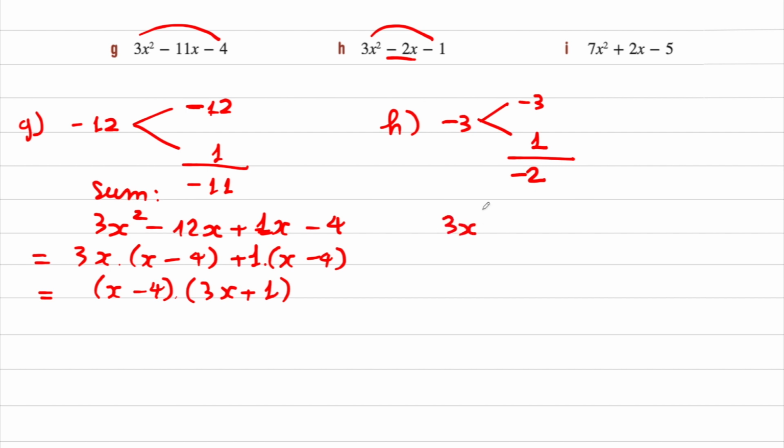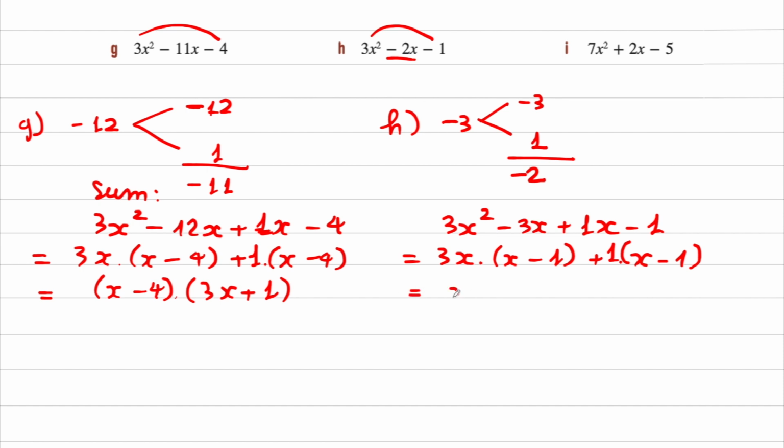So 3x squared minus 3x plus 1x and minus 1. Here is 3x, x minus 1, and plus x minus 1, like this, multiplied by 1. So take x minus 1 outside, you got 3x plus 1 in here. Yeah, we finished question H.